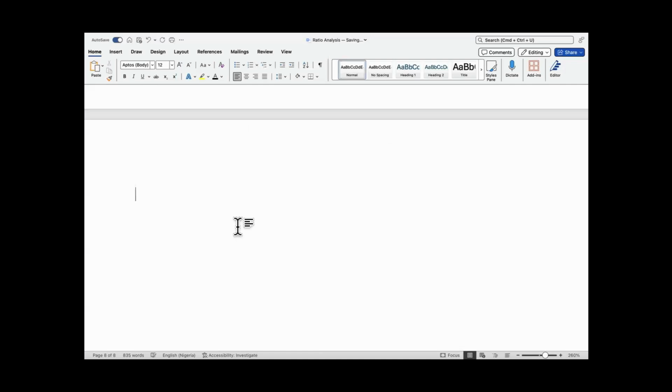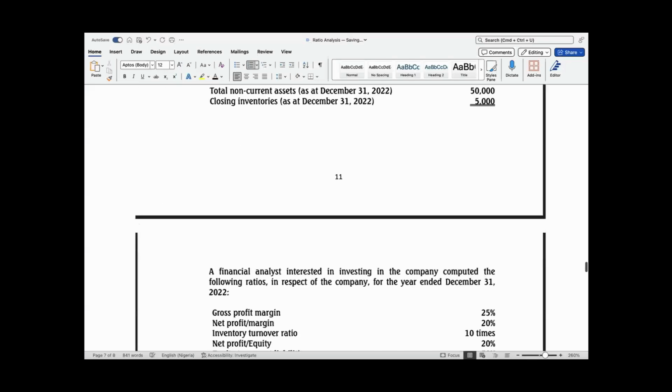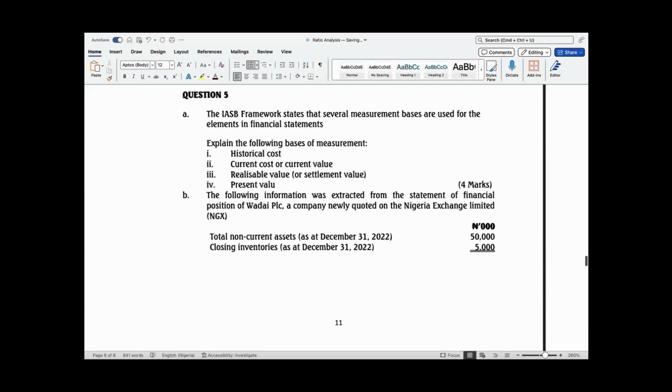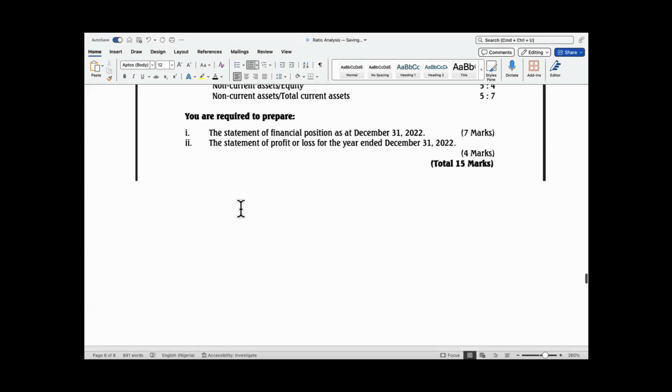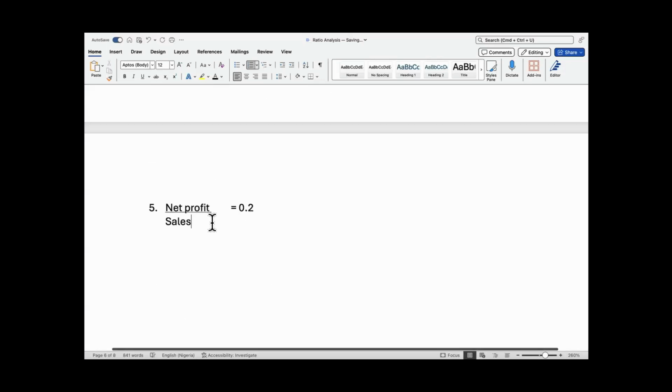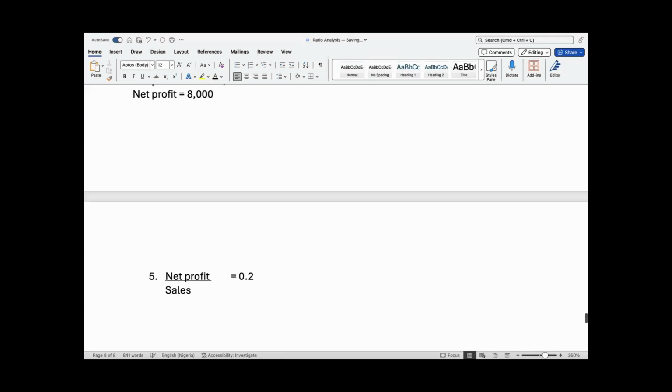So my net profit margin is net profit over sales, equal to 20%.